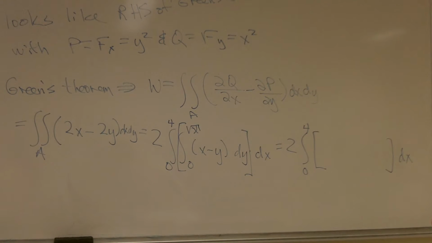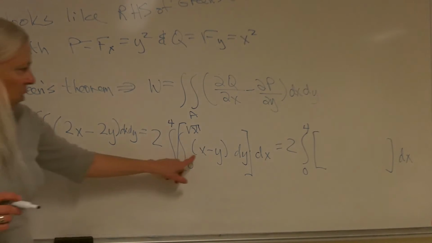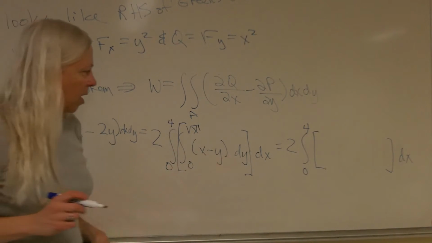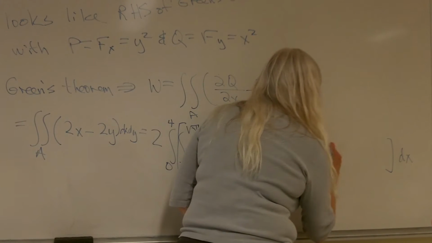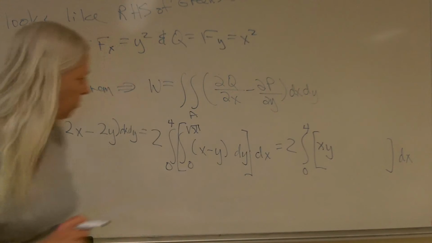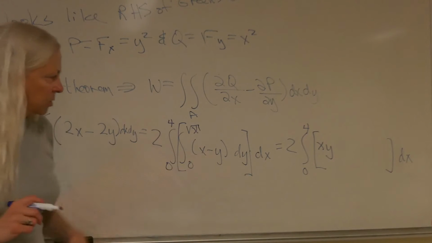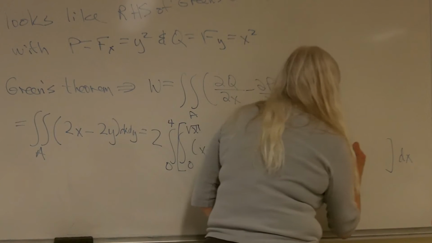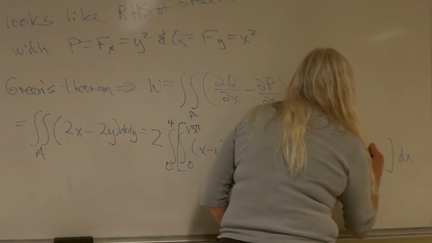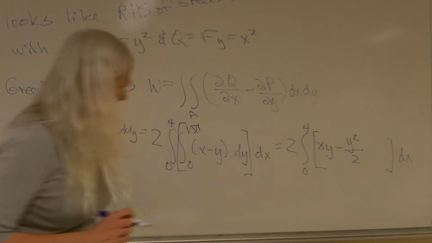So I have an x dy, that will give me an xy when I integrate with respect to y. And the minus y, when I integrate with respect to y, will give me a minus y squared over 2.